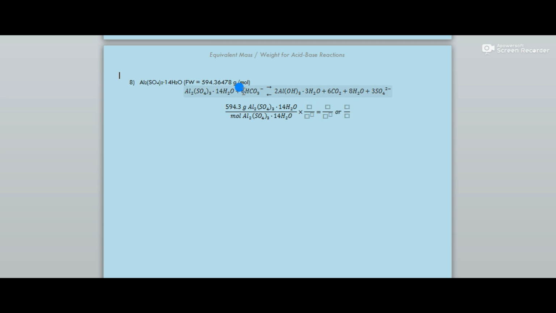So here it reacted with 6 moles of this one. So basically, let's cut it. Just divide by 6, 594.3. So you already know the drill. Or you can write out the whole of it: 1 mole reacted with 6.